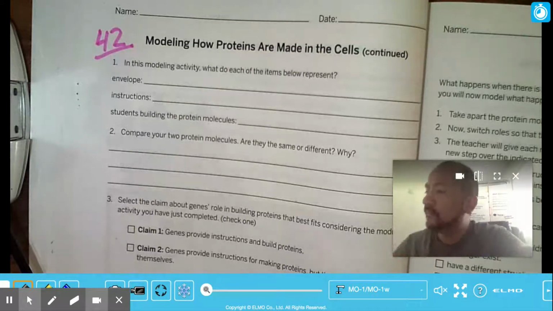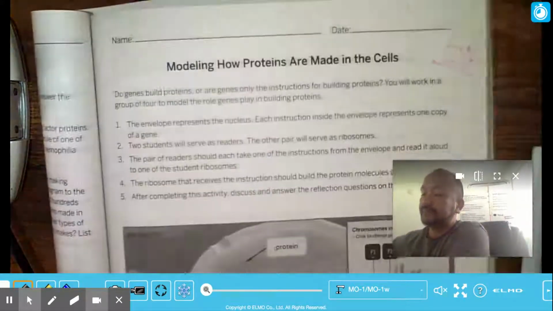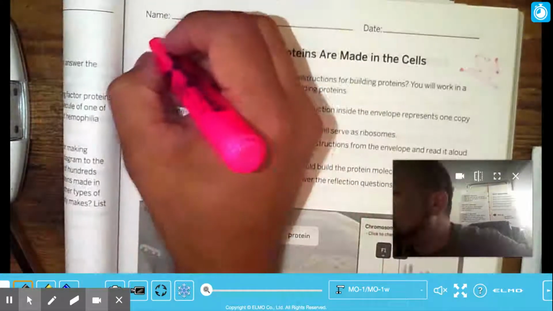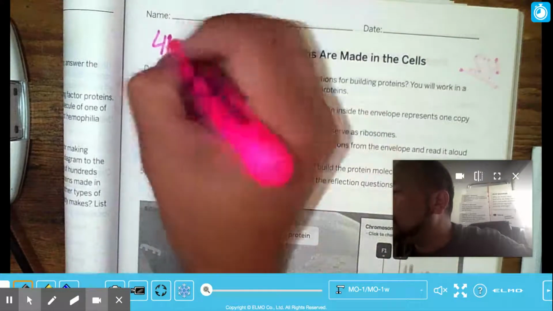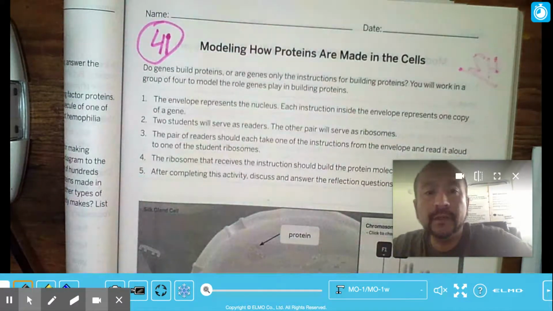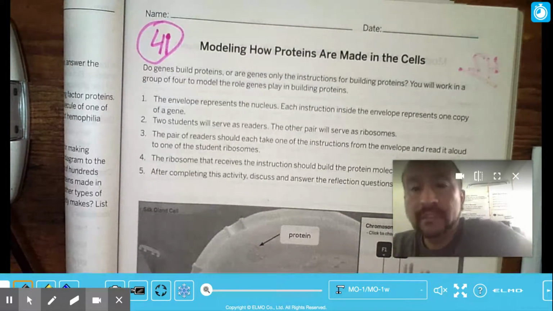You would be looking at page 41 and page 42. So this is page 41 and the other one is page 42. And what we're doing is modeling how proteins are made in the cells.